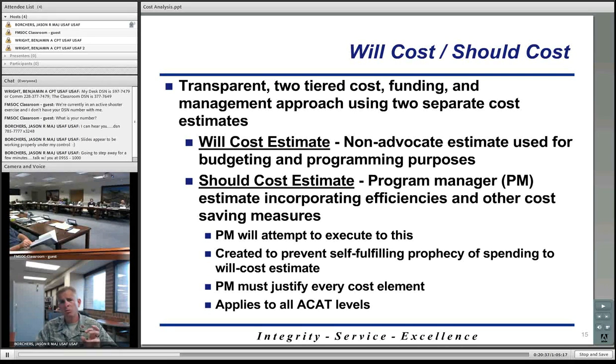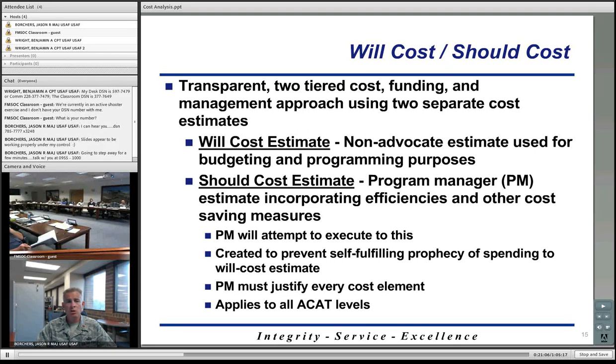Essentially what the concept of will cost and should cost is, it's a two-tiered cost, funding, and management approach when you come up with your cost estimates, and it uses two separate cost estimates for your program. The will cost estimate is what's referred to as a non-advocate estimate, and it's going to be used for your budgeting and programming purposes.